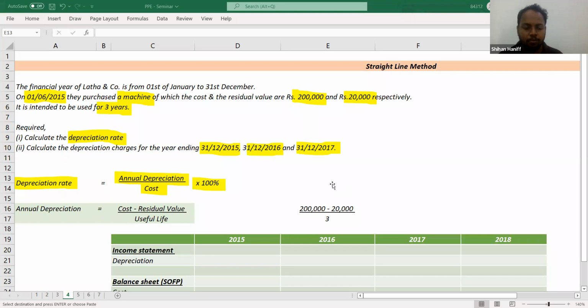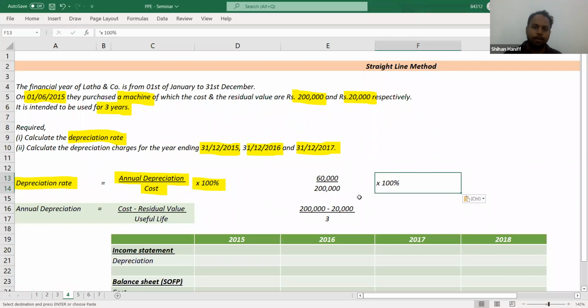Annual depreciation is 60,000. Cost is 200,000. Into 100%. So what is the percentage?